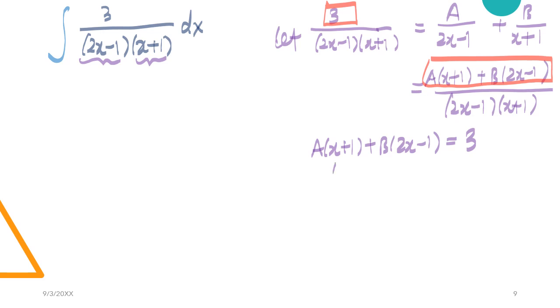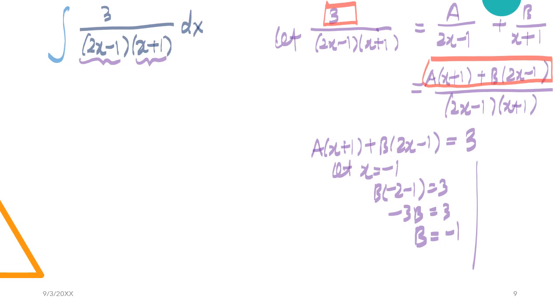Okay, substitution method, I'm going to let x equals to negative 1, so I eliminate my a. Right, so I found the value of b. Just going to let x equals to 0 to find the value of a.